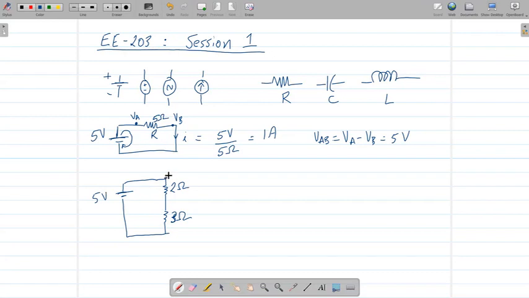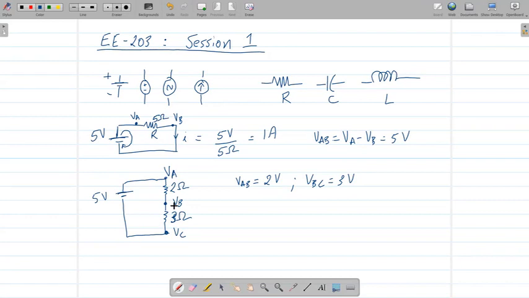Let's call this VA, there's VB in between, and there's VC. So VAB is going to be 2 volts and VBC will be 3 volts, because the total resistance is 5 ohms, 5 volts is dropping across it, and it's split in the ratio of 2 volts and 3 volts in proportion to the resistance.